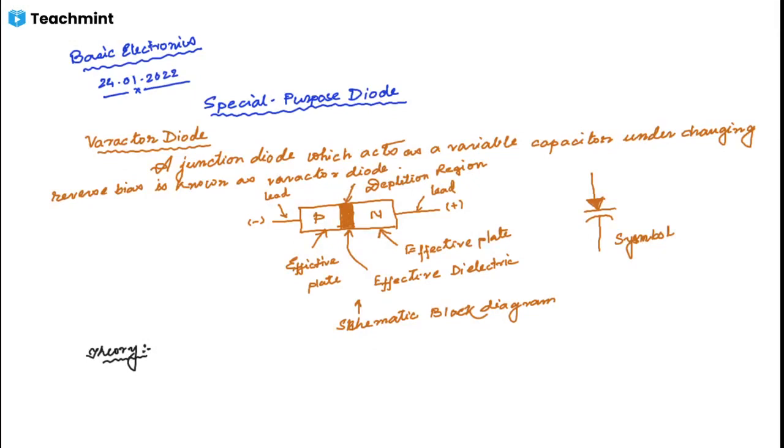The capacitance of the varactor diode is found as C_T equals epsilon A by W_D, where C_T is the total capacitance of the junction.